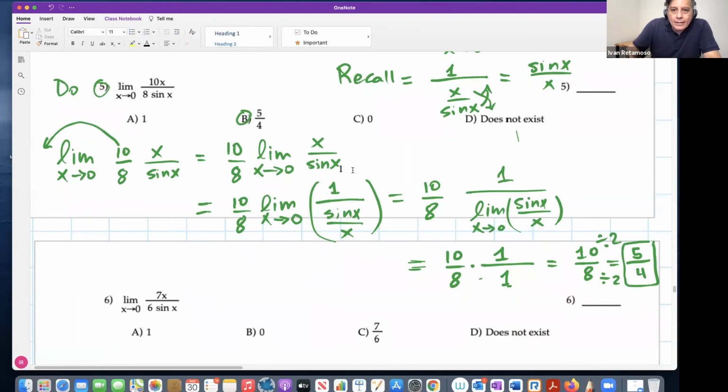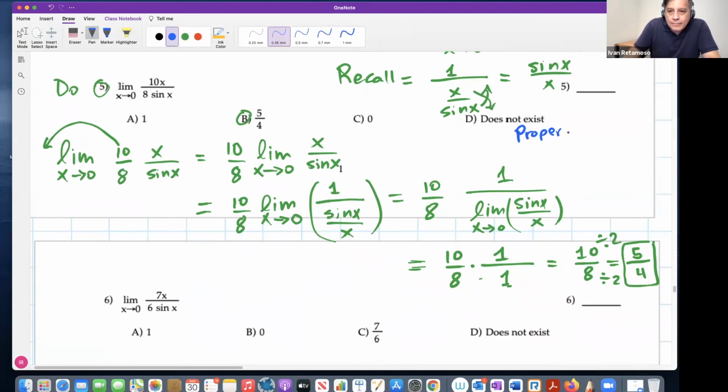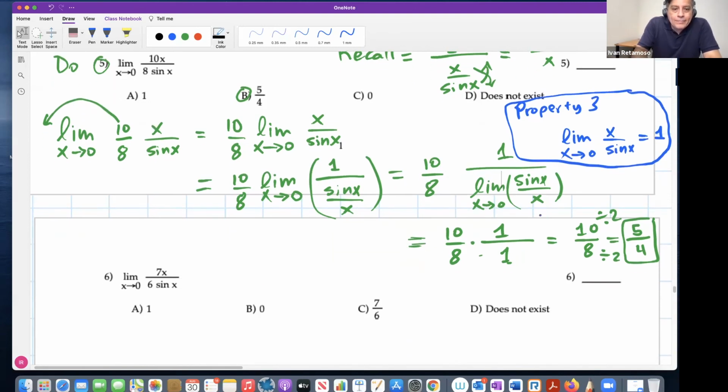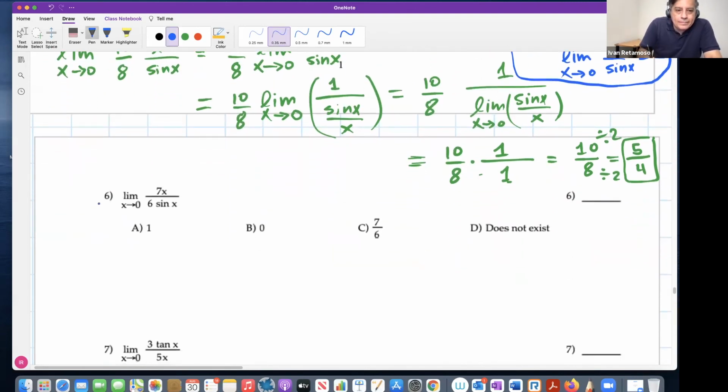Property 3: the limit of x over sine of x as x approaches 0 is also 1. Three properties for you to use, guys, when you take your examination, when you do your homework. Okay, good. Now, using that property 3, can you try this?